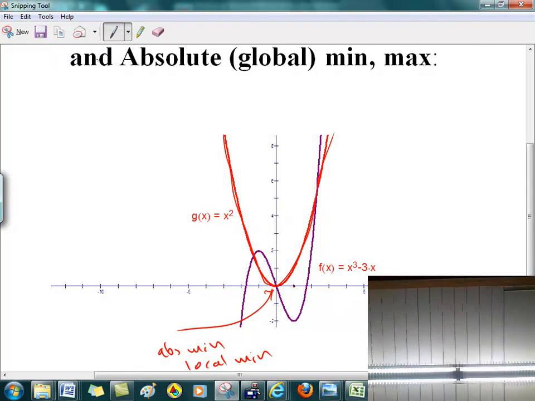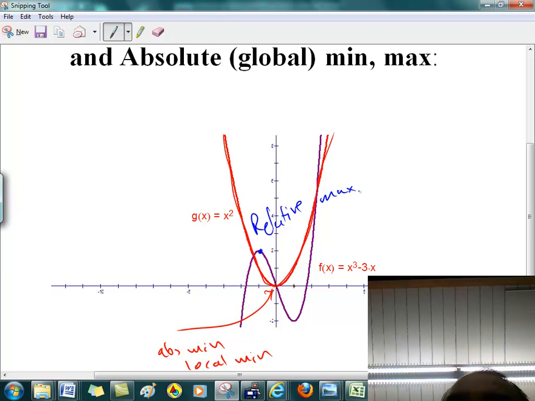If you look at the blue graph, then this point is called the relative maximum, and this point is called the relative minimum. For the blue graph, there is no absolute maximum and absolute minimum. This is what the differences are.